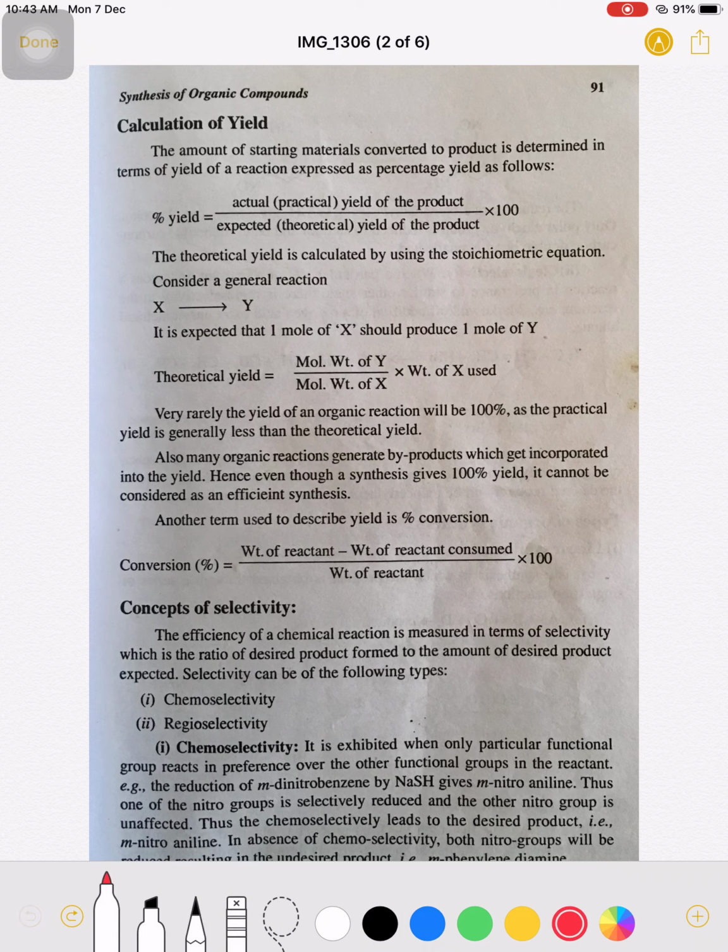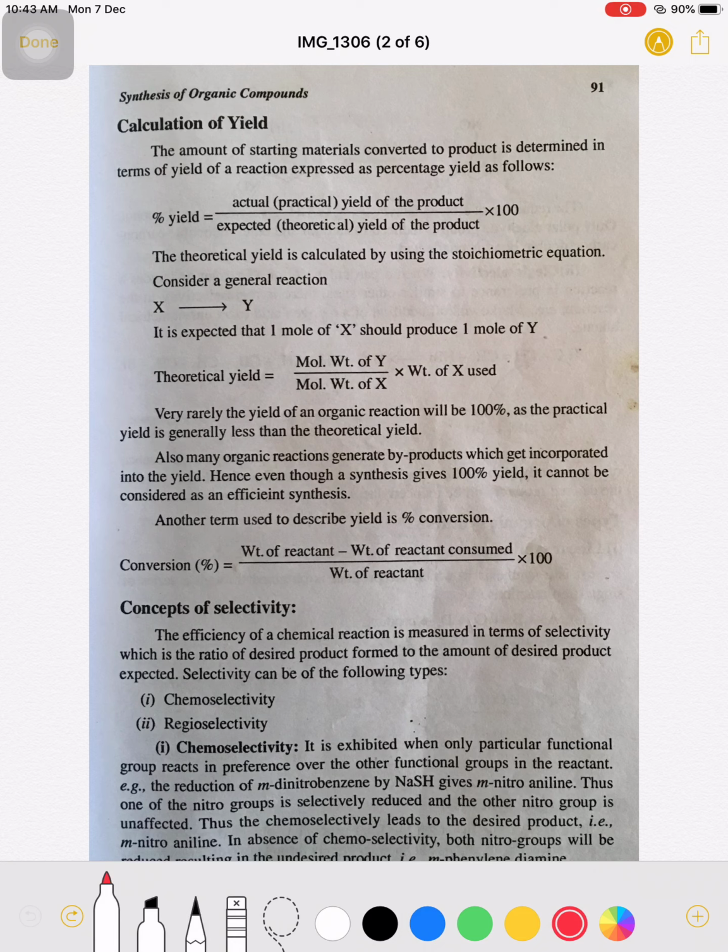Suppose it is expected that 1 mole of X should produce 1 mole of Y. Then in that case, the theoretical yield is calculated by this equation: theoretical yield is equal to molecular weight of Y, that is product, divided by molecular weight of X, and multiplied by how much weight of X is used to carry out this conversion of X to Y. So by use of the molecular weight of product, molecular weight of reactant, and weight of reactant used, we can calculate the theoretical yield of any organic compound.